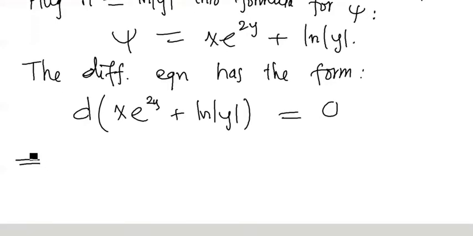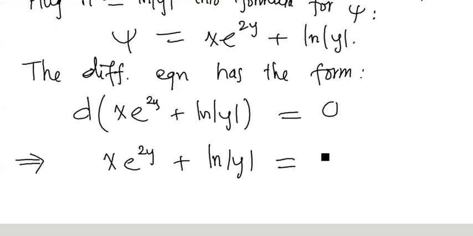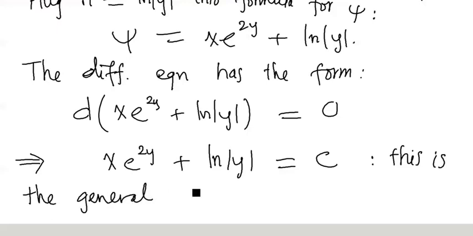Which means that because the total differential is 0, we must have x e to the 2y plus natural log of the absolute value of y equal to C. And this is the general solution to the ODE.